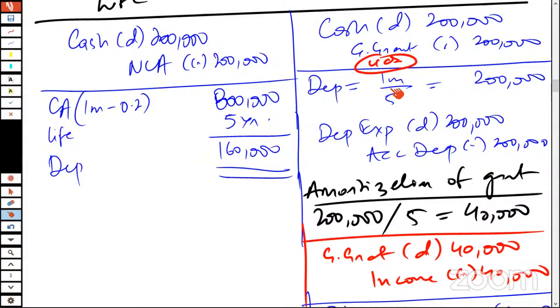Why? 1 million is the cost. And there's this amortization of the grant. What is this amortization of the grant? This is actually transferring the grant from the liability into the P&L. So what are you going to do? 200,000 divided by 5 is equivalent to 40,000. So you simply say government grant debit by 40,000, income credit by 40,000.